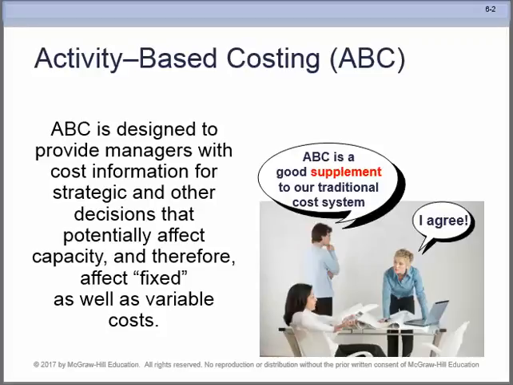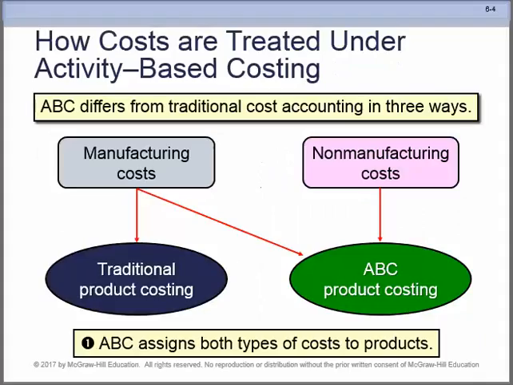So we're going to look now at how costs are treated under activity-based costing, and it differs from traditional costing accounting in different ways here. So let's look at that. In this case, non-manufacturing as well as manufacturing costs may be assigned to products, but only on a cause and effect basis.